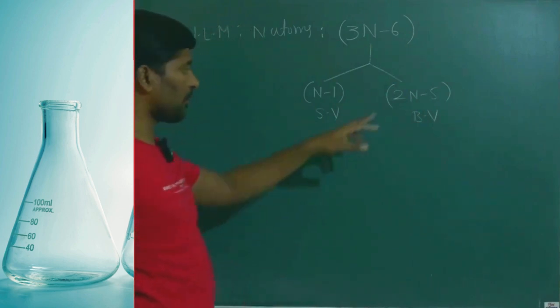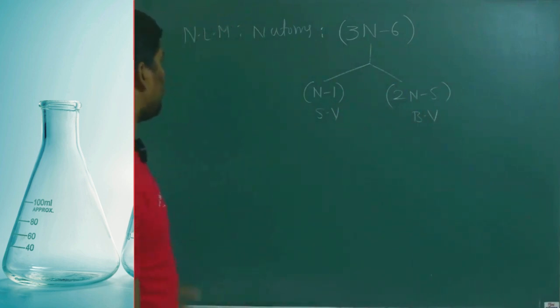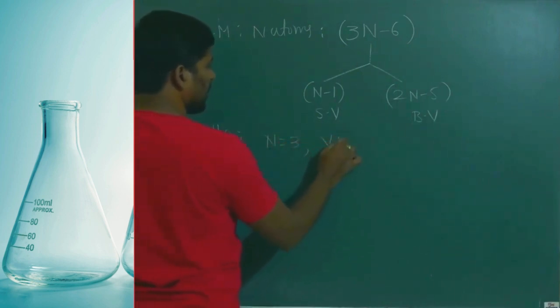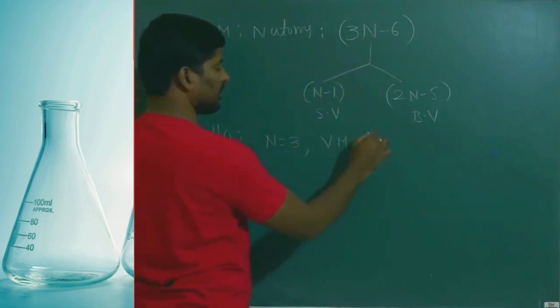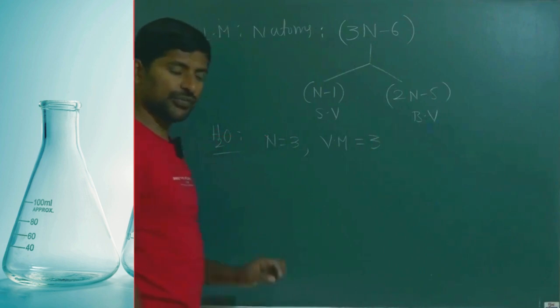n minus 1 are stretching vibrations, the remaining are bending vibrations. For example, I am taking H2O. How many atoms are there? 3 atoms. That means the number of vibrational motions is 3 into 3, 9 minus 6, that is 3 vibrational motions are possible.